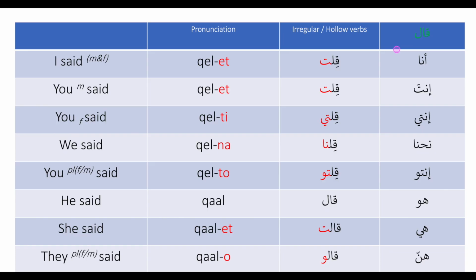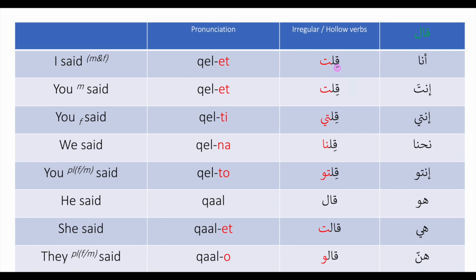How do we conjugate a middle weak verb or a hollow verb? First, you delete the a or alif from the first person and second person, and as you see here, I've categorized it first person and second person here initially. Then I followed it with a third person, he, she, they. So the alif or a, you delete it with first person, second person, and instead of it, you replace it with the vowel a.